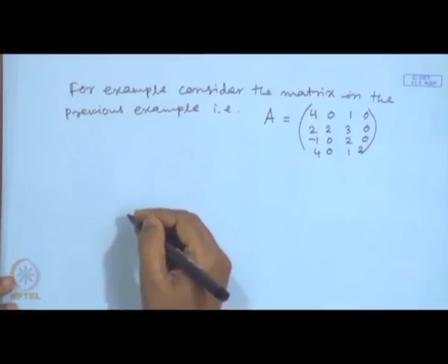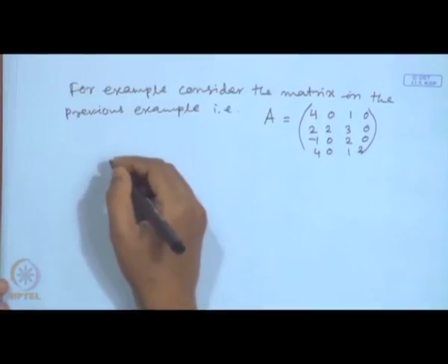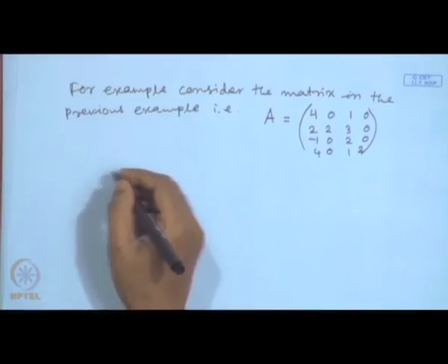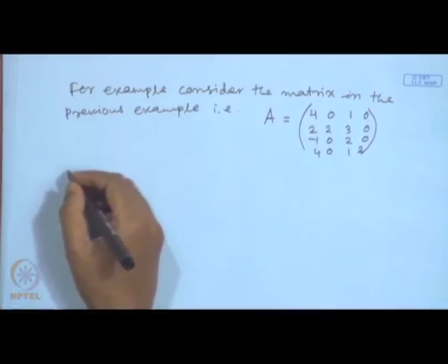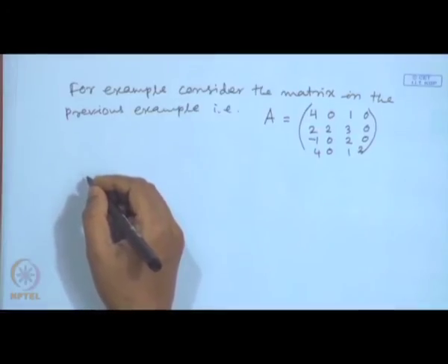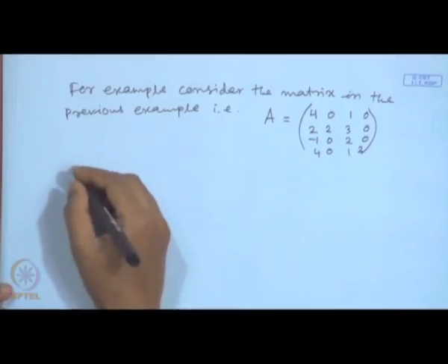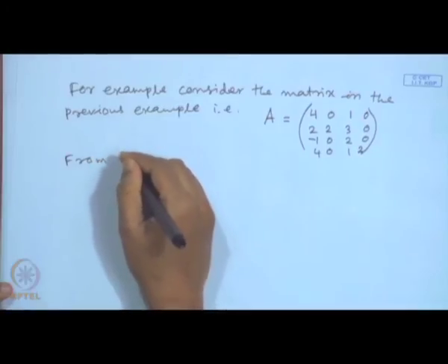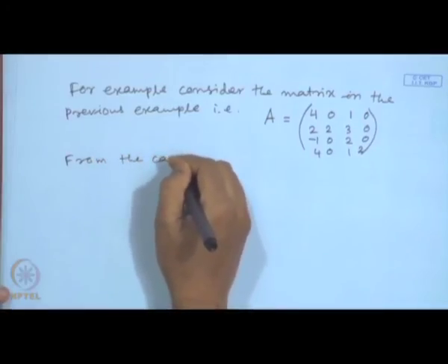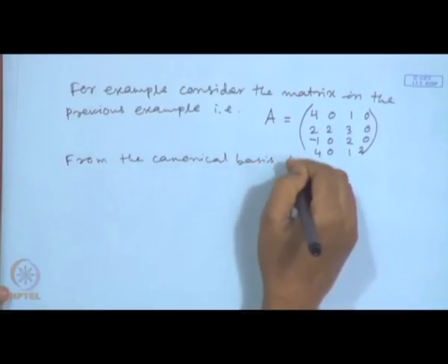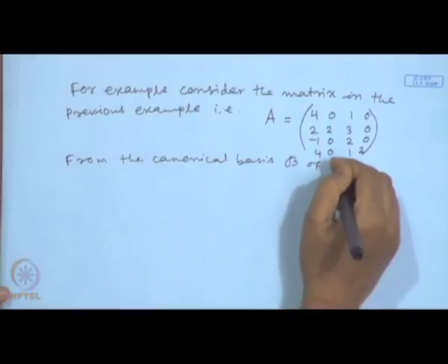For this matrix, you recall that we have already got a canonical basis. So remember that canonical basis we have got. Now we can form the modal matrix from the canonical basis B of A.